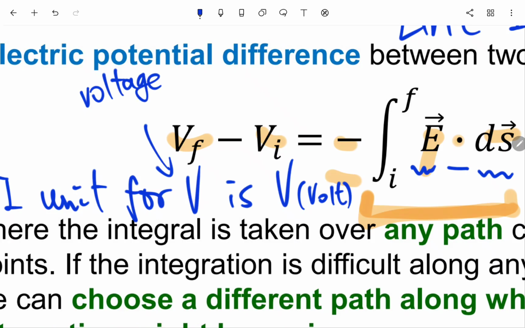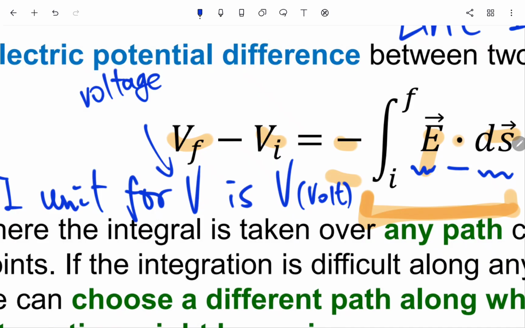So you can consider voltage as electric potential, and voltage difference as the electric potential difference. Most of the time voltage and electric potential are the same thing, and volt is the unit.